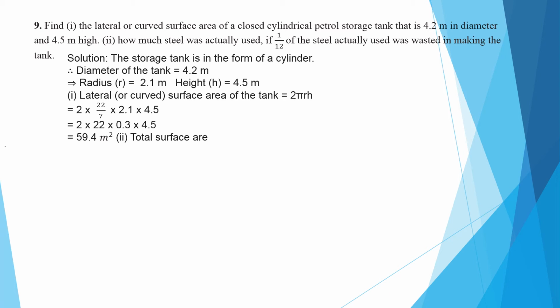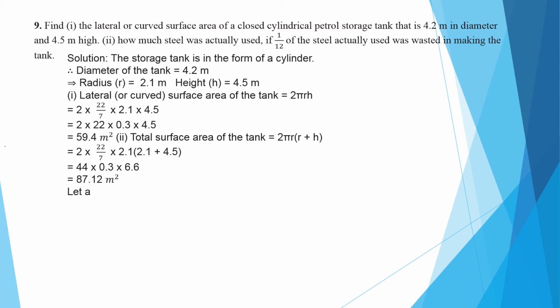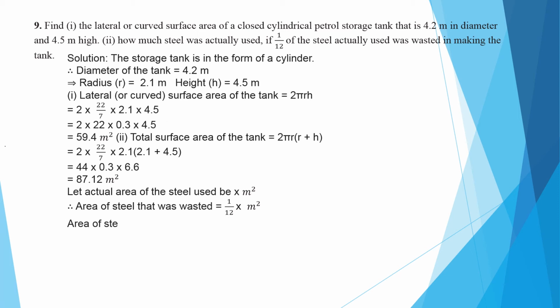Coming to the second part, for that we need to find the total surface area also, because to find how much steel was used in making the tank, it is closed. So total surface area by using the formula 2 pi r in bracket h plus r, on calculating we are getting 87.12 meter square. Now let the actual area of the steel used be x meter square. Area of the steel that was wasted is 1 by 12 of x meter square.